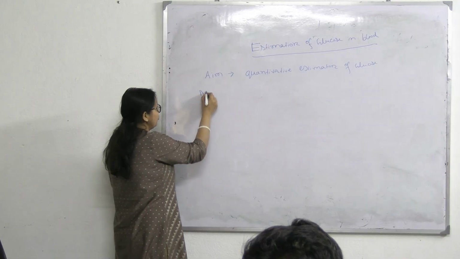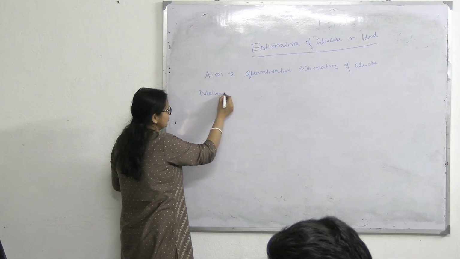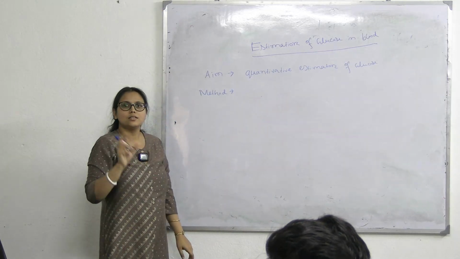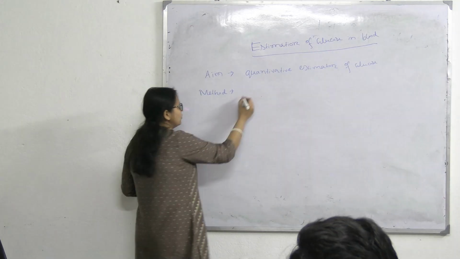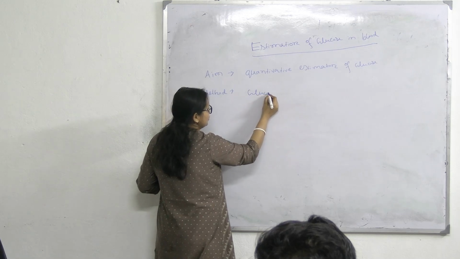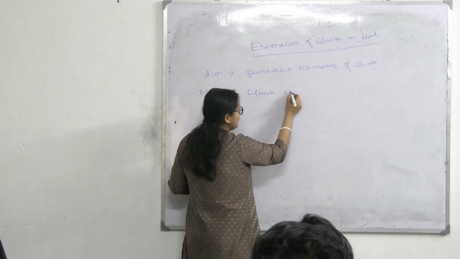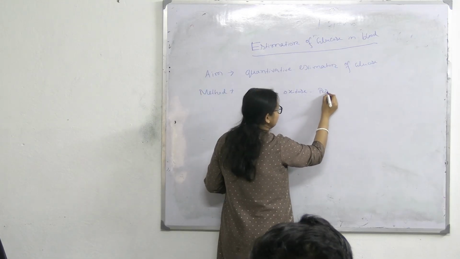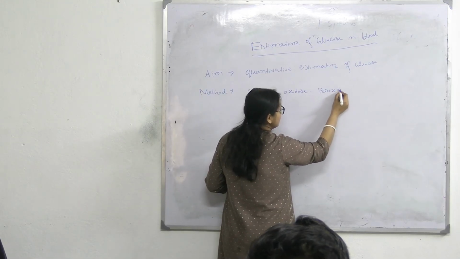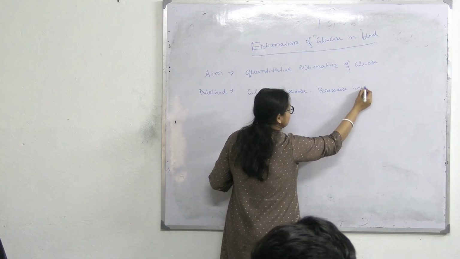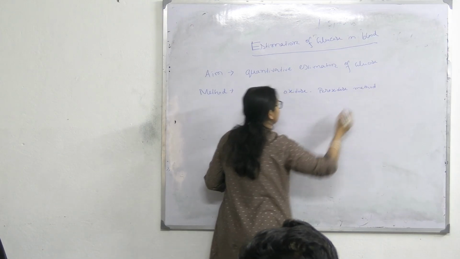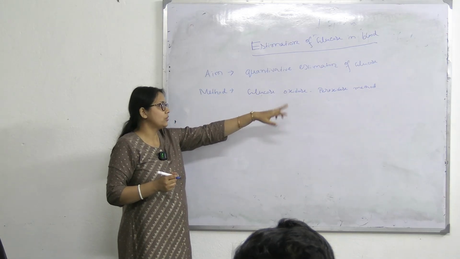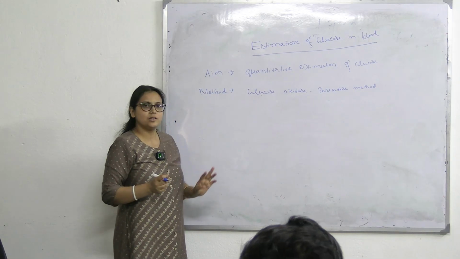Now, name of the method, that is glucose oxidase and peroxidase method. Glucose oxidase is an enzyme and also peroxidase is an enzyme, so it is an enzymatic estimation.